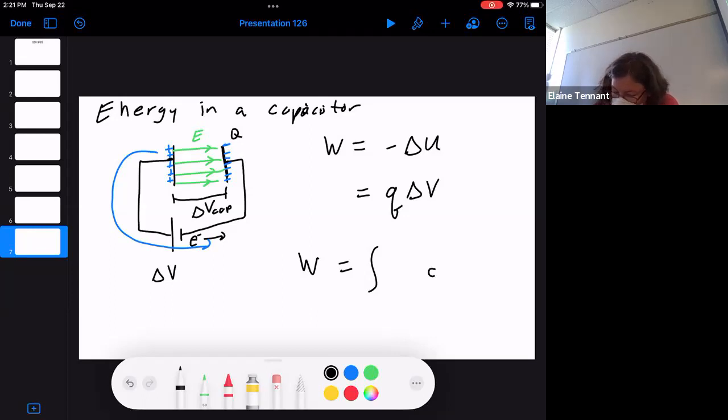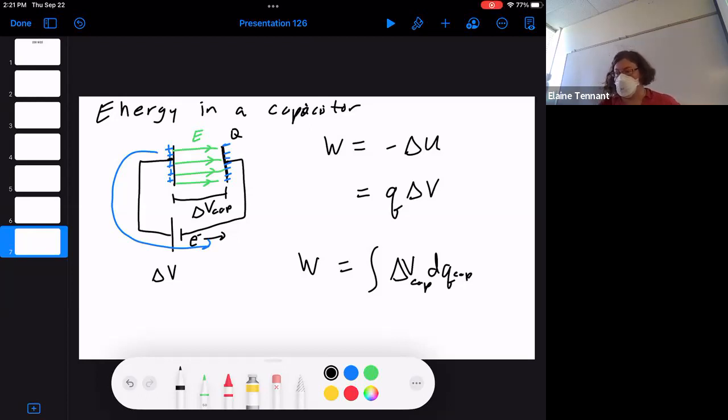We're going to split that Q up into little chunks, dQ. And we're going to say we've got to push each of those dQs across the potential difference, delta V. This is the charge that goes to the capacitor, and that's a potential difference of the capacitor.